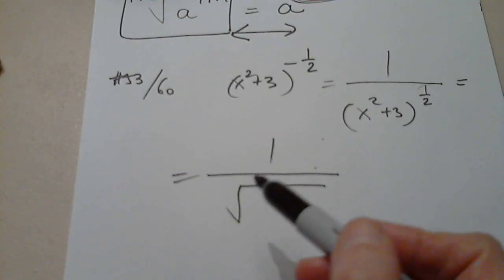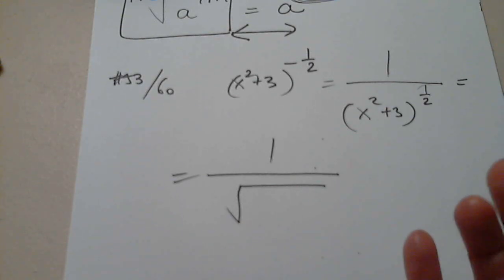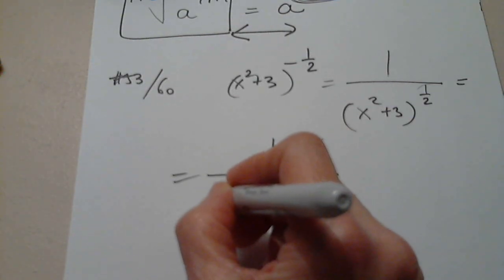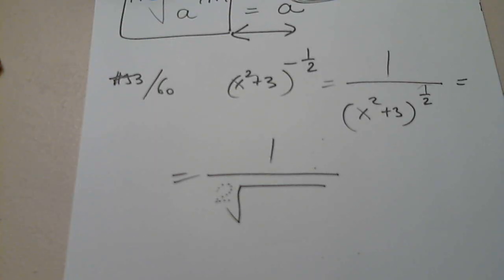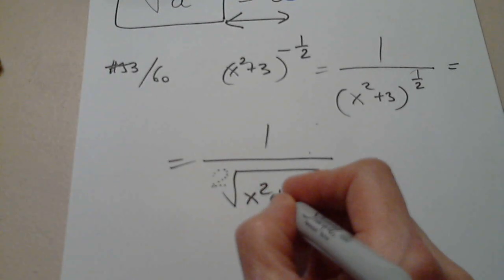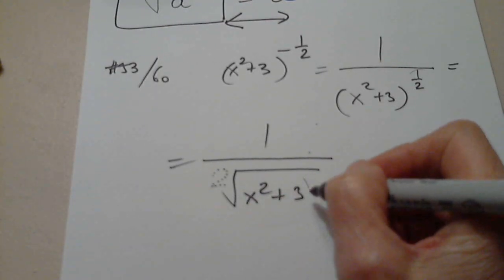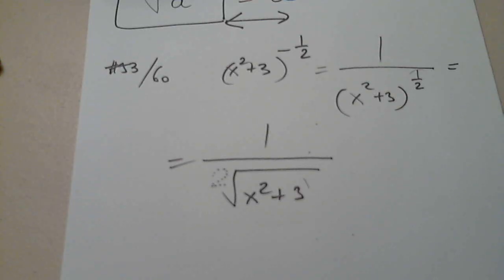But what is the index? Wouldn't it just be like a regular square root? Exactly. By convention, we do not write the square root index. It's the only one we don't write. And because the power is 1, there is no need for parentheses and to write 1. Very good.